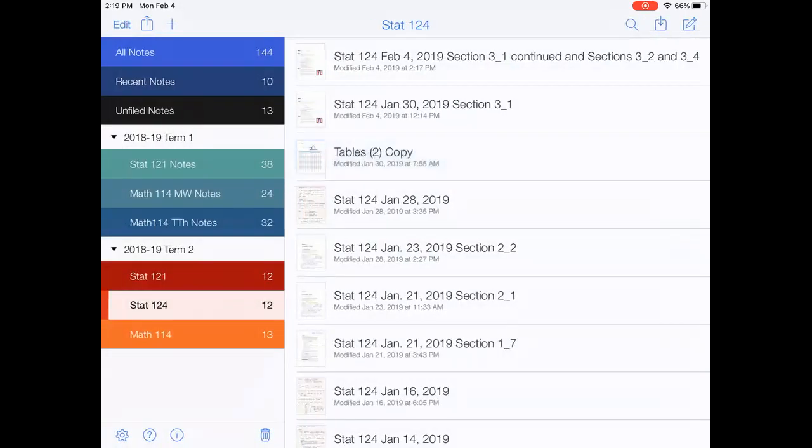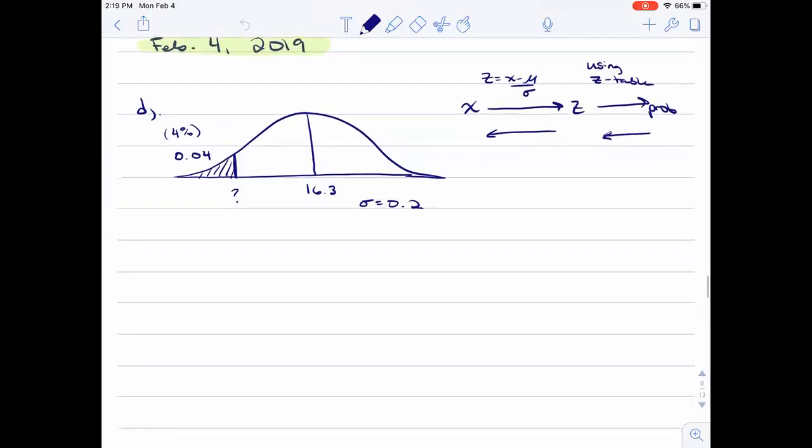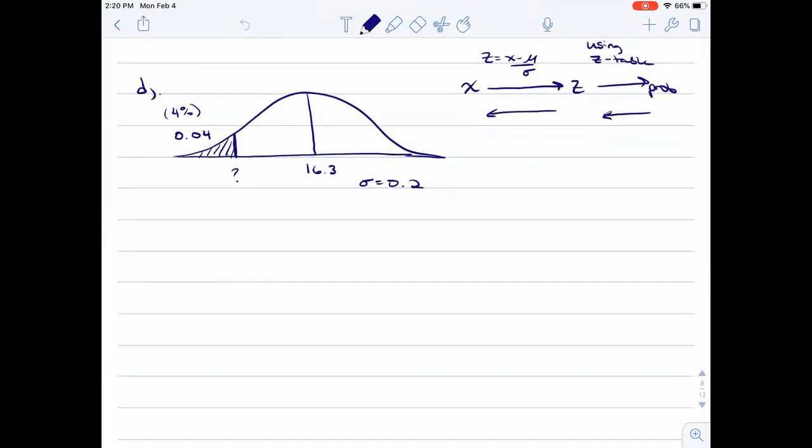As far as showing my work goes, I'm just going to write it out in a sentence. What you probably noticed is that I use the same sentence over and over again, and I encourage you to use the same one. It's not plagiarism in this case because I'm telling you to use it. It's just the safest option. So I'm going to write out exactly what I did using the Z table.